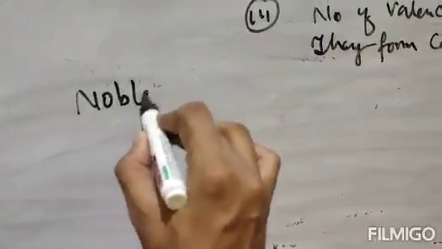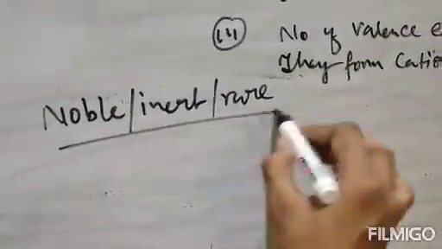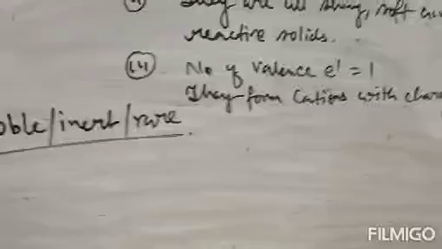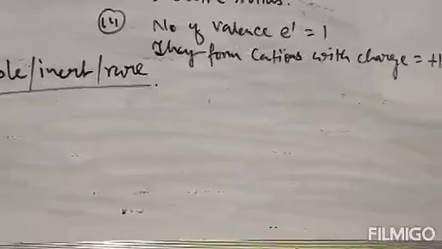Last one, that is noble gas. Group 18 elements are from the 18th group. Noble gases, inert gases or rare gases. The elements from group 18 are called noble gases or inert gases or rare gases.